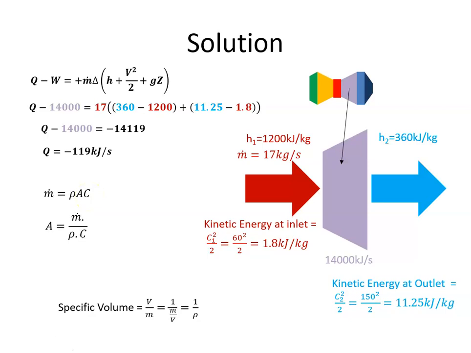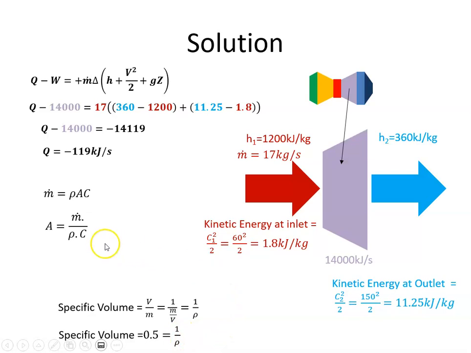So we can rearrange that equation, so that the area is the mass flow divided by the density and the velocity. Now in our question we were told the specific volume was 0.5 meters cubed per kilogram. So specific volume is equal to 1 over rho, which means rho is equal to 1 over 0.5.